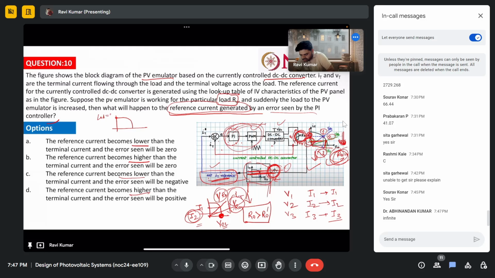Load here is 0. Load here is infinite. If one point is here and one point is here, it means load is increasing this way. You understood this? Yes, sir, a bit. So if load is increasing this way, first it was I1, then it is I2, so this current is decreasing, because I1 is maximum here. And if load is increasing, this I is decreasing. Any doubt here?